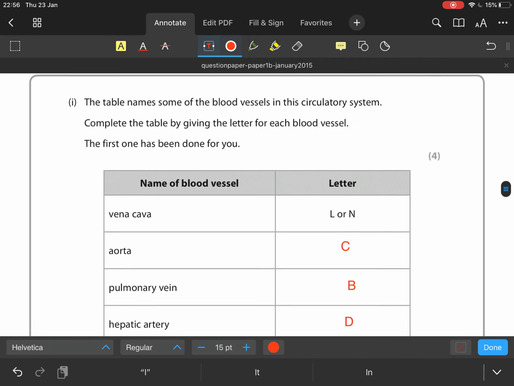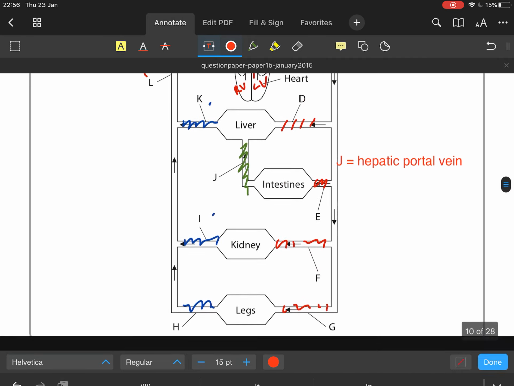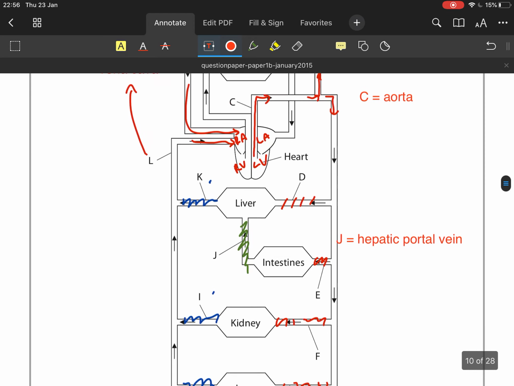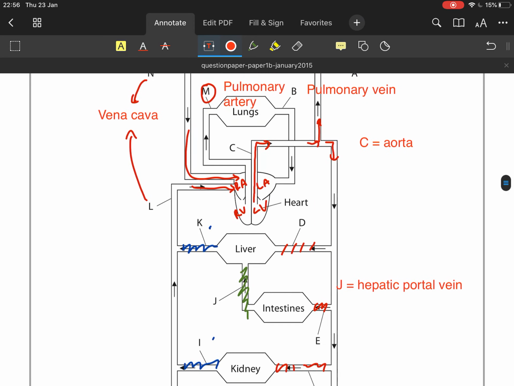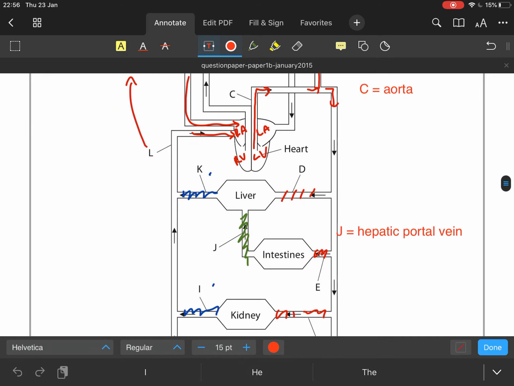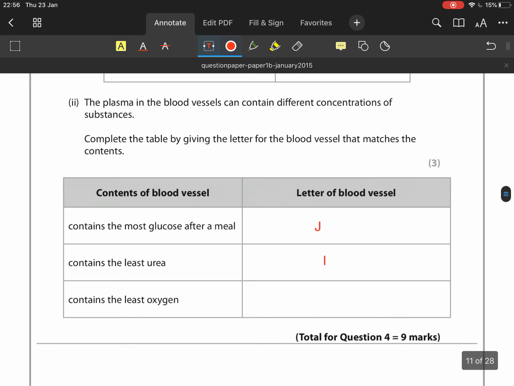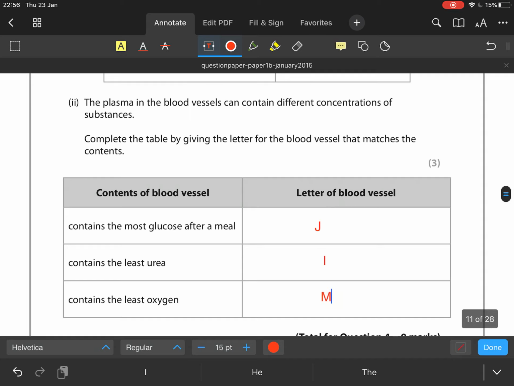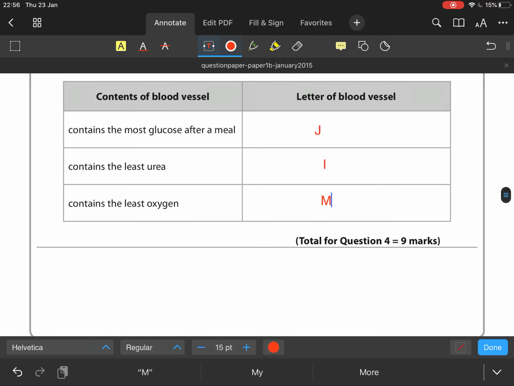And then, containing the least oxygen: well, the blood containing the least oxygen is going to be at the point M, just before it goes into the lungs and picks up new oxygen. So the blood just before it goes into the lungs is always going to be lowest in the amount of oxygen available.